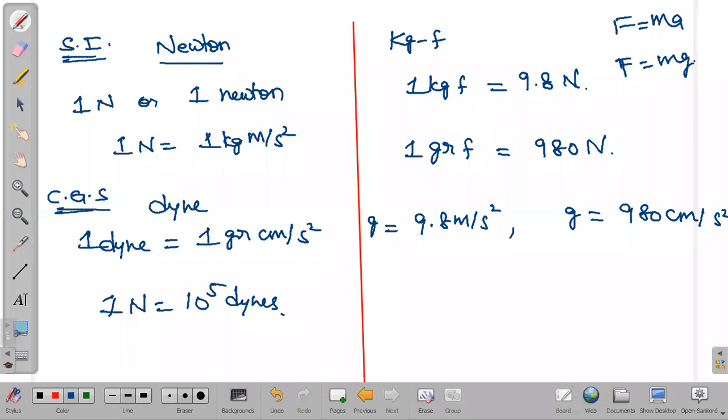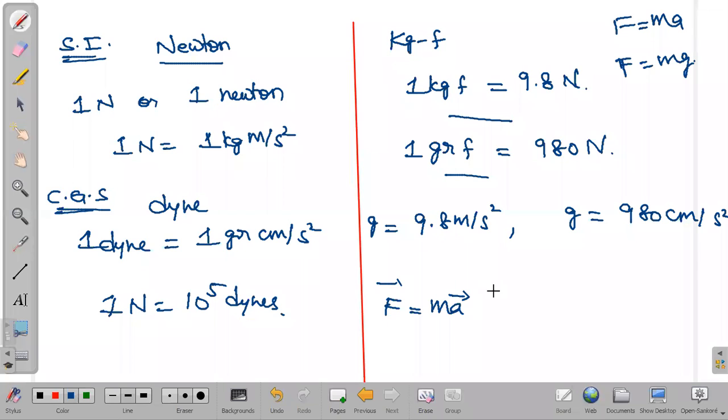When we are solving problems, most of the problems will be given in terms of kg force or gram force, right? Next, one more thing I have to mention. This F is equal to ma, whatever we are writing, this formula is valid only if force is changing the state of rest or motion, and the mass of the body is constant and finite.